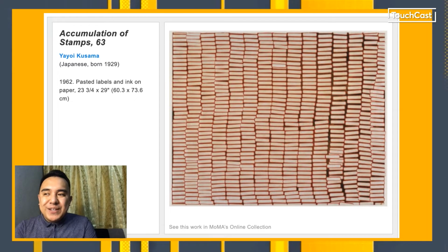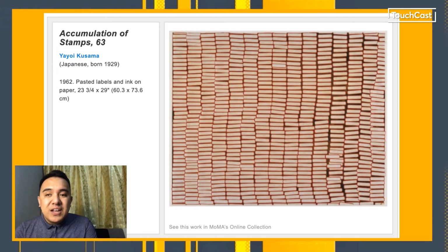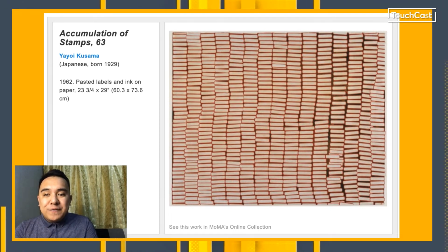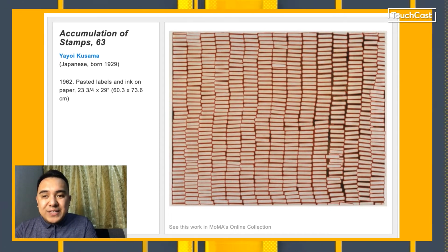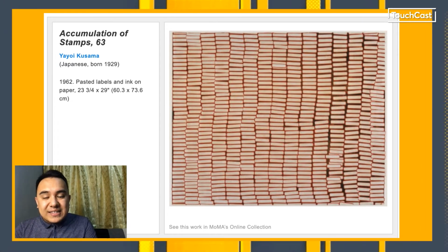So she has said that the use of repeated forms, in this case, the store-bought labels and stickers, grew out of her struggle with these hallucinations caused by mental illness and depression.